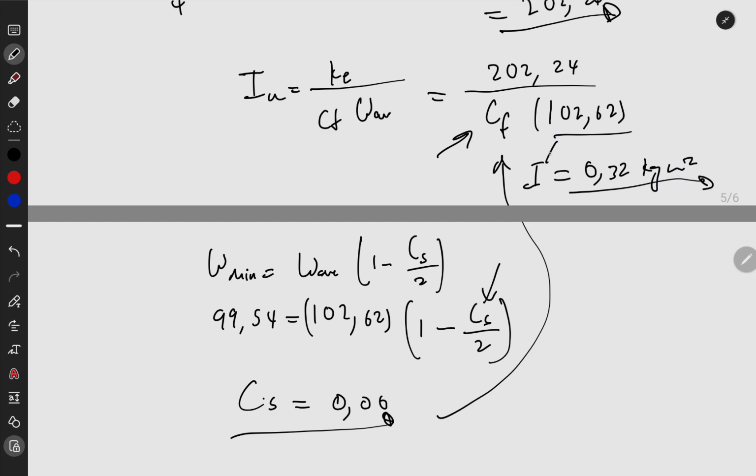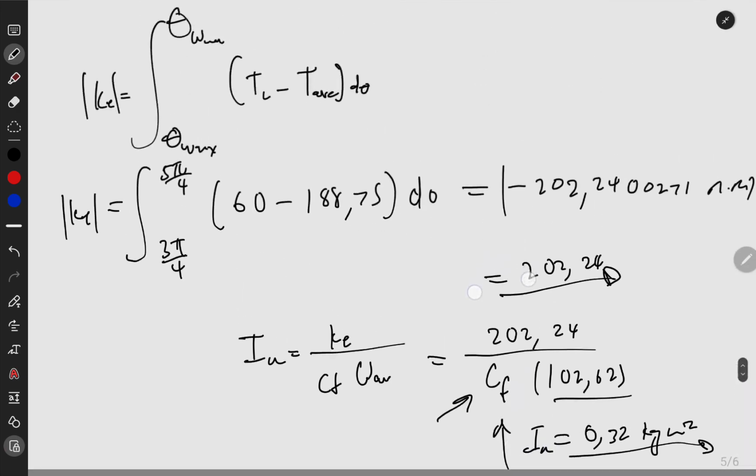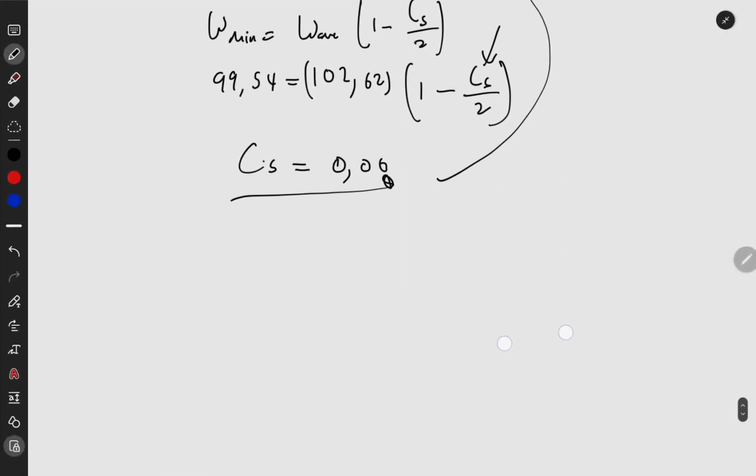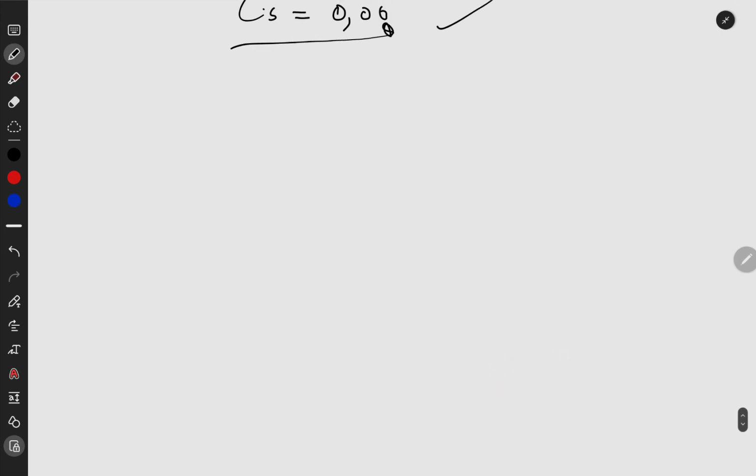Cool. So you know that after having our inertia, we can actually get anything dimension related. What was the question again? This problem, solve until you know what you're looking for. We wanted the width, so it's like how thick it is. So we have a formula also for moment of inertia for a loop, okay, from your physics.